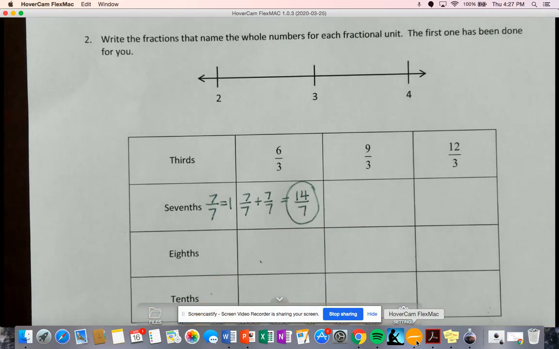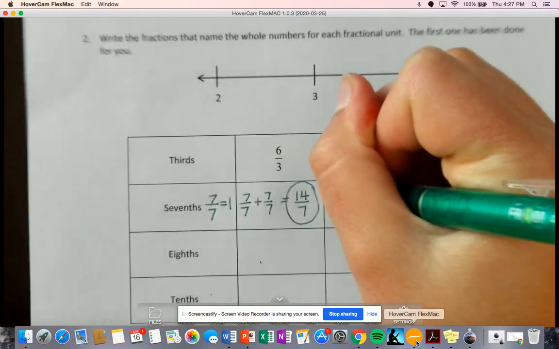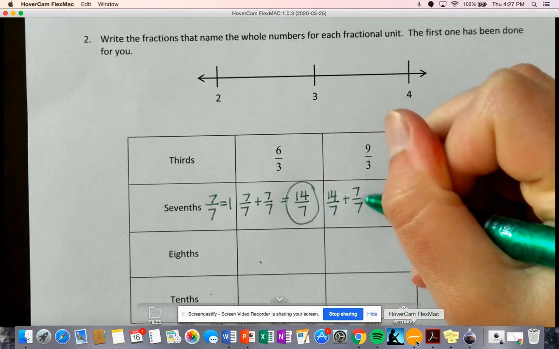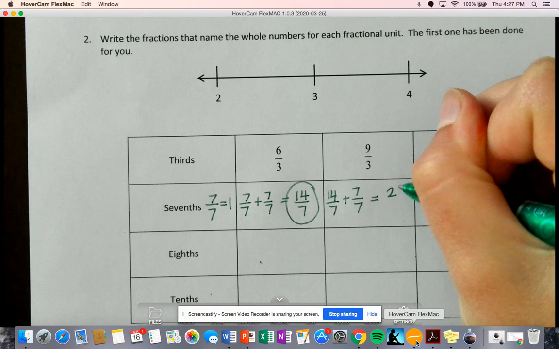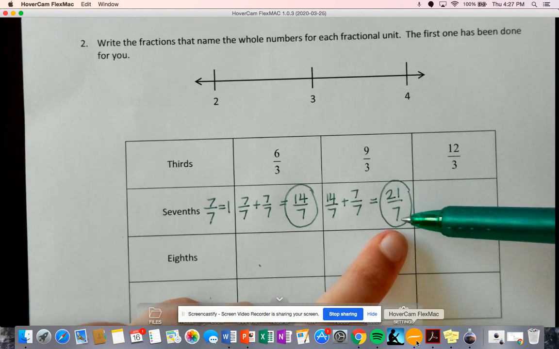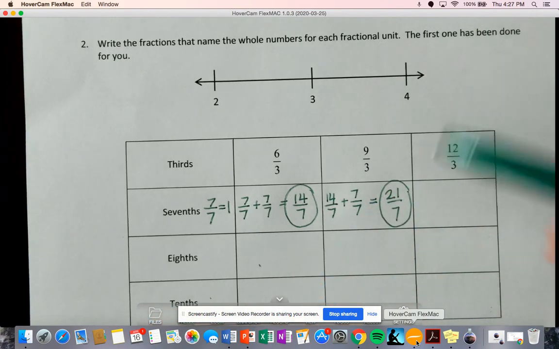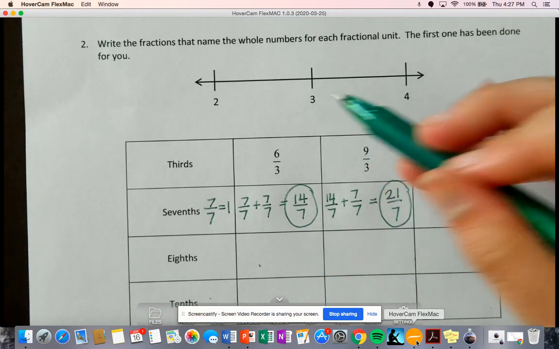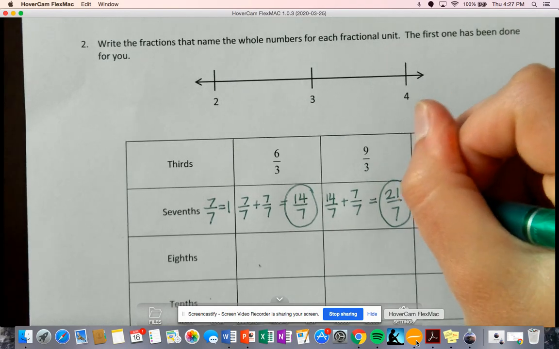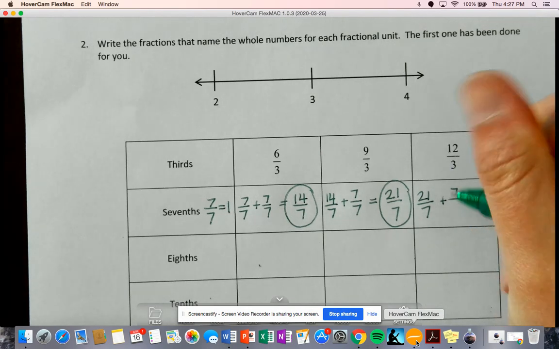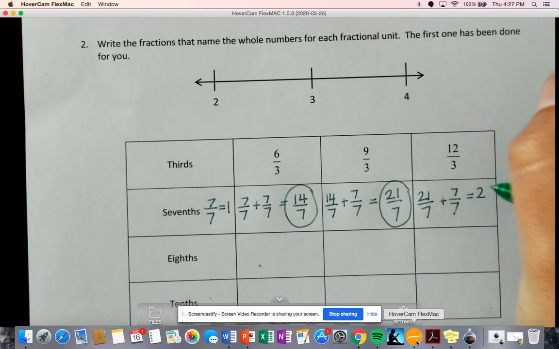For 3 wholes, I'm going to take 14 sevenths and add another 7 sevenths, which equals 21 sevenths. And I can check this because 7 times 3 is 21, or 21 divided by 7 equals 3.